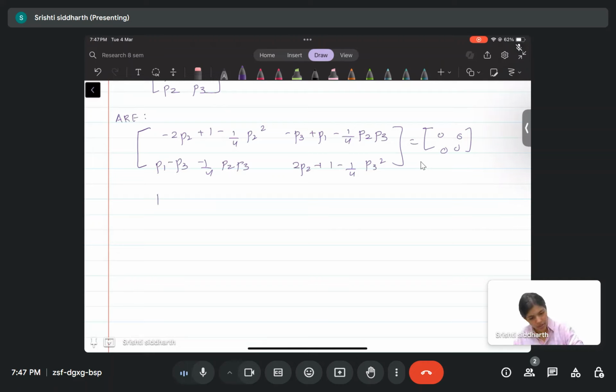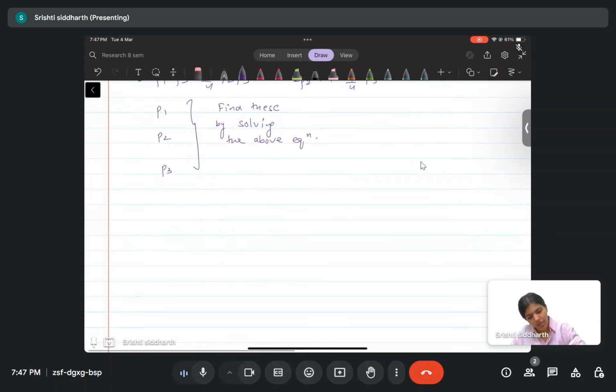So I'm going to write this down. Solving the equation, and if there are combinations of these values, find just one P which is positive definite.